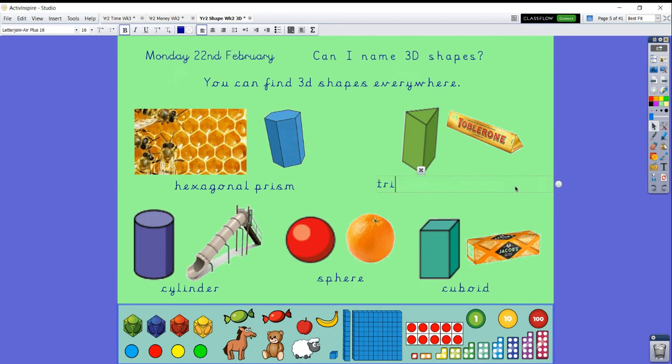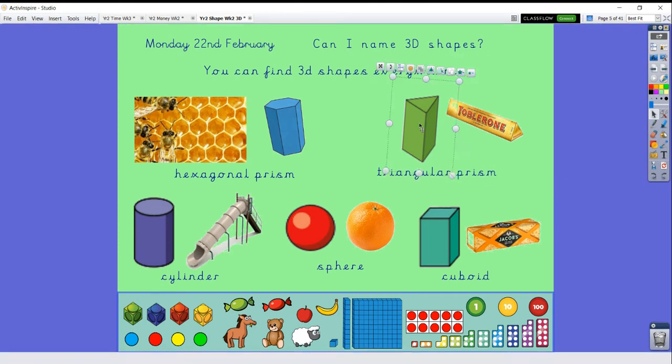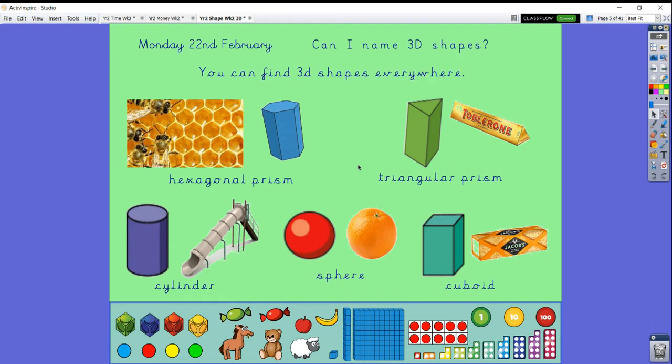Let's change that. Triangular prism, because it's got a triangle at the top and the bottom. This slide here has got a cylinder that you slide down. An orange is a sphere. And these lovely crackers come in a cuboid shape.